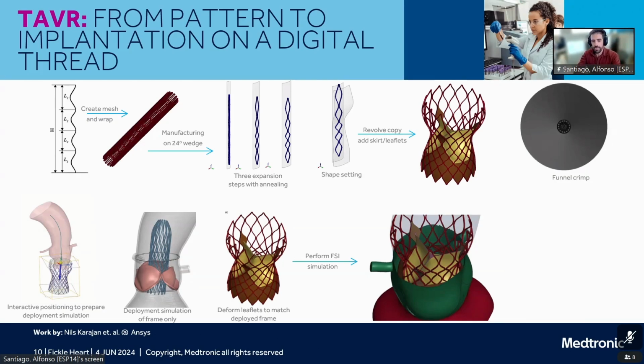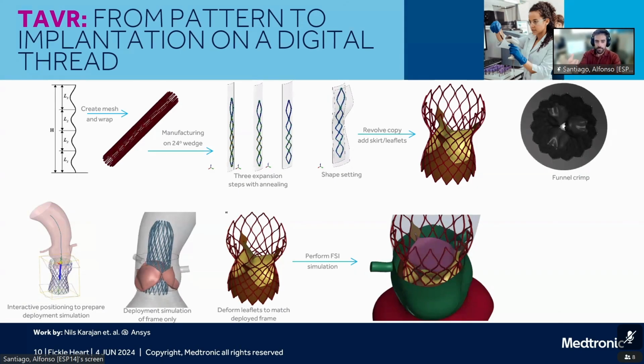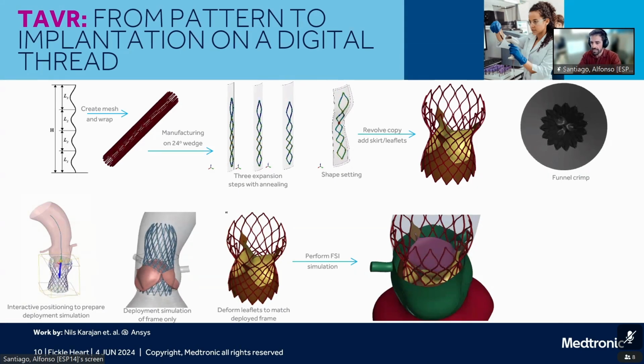So you can imagine how every step of the production of, in this case, a heart valve can be digitalized, right? From the creation of the pattern that is going to be laser cut in the nitinol cylinder, to the annealing of that frame and the crimping of that frame in the delivery system.